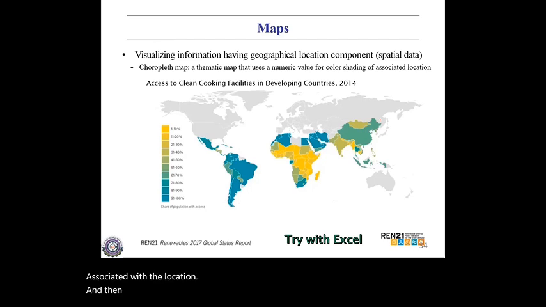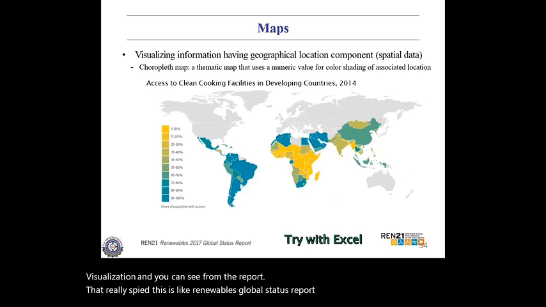This is the map, you can see here. Mostly we see this kind of visualization in reports released by, for example, the United Nations or the World Health Organization. This is like Renewables, a Global Status Report.